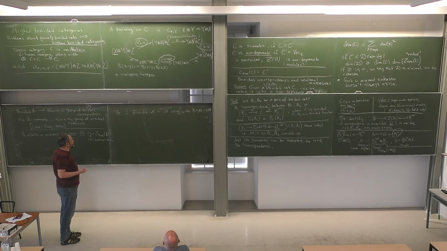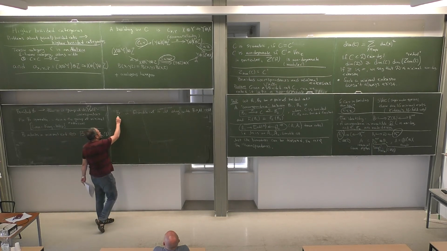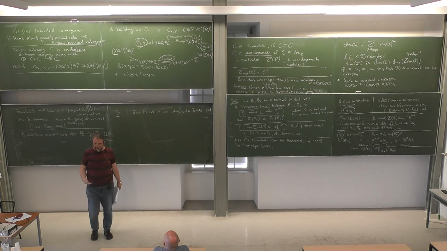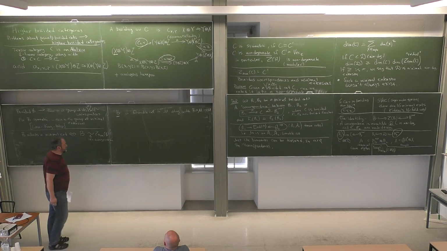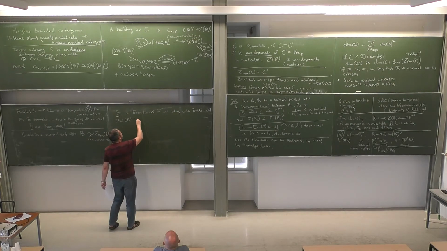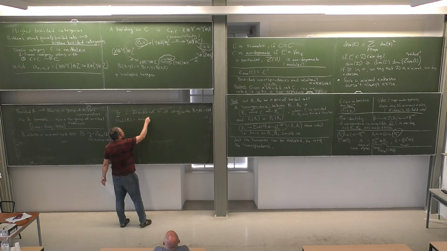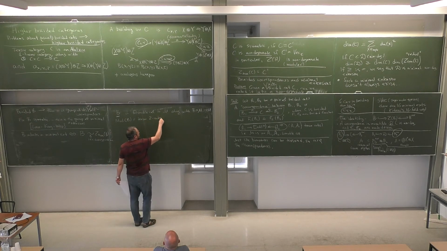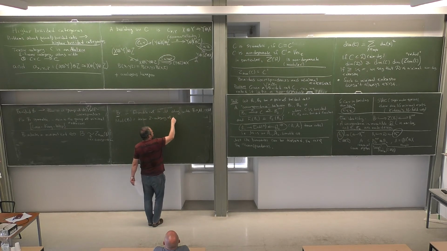Now, just like modules over a commutative ring can be tensored, so can module categories over braided categories. So Mod B is a tensor 2-category of B module categories.